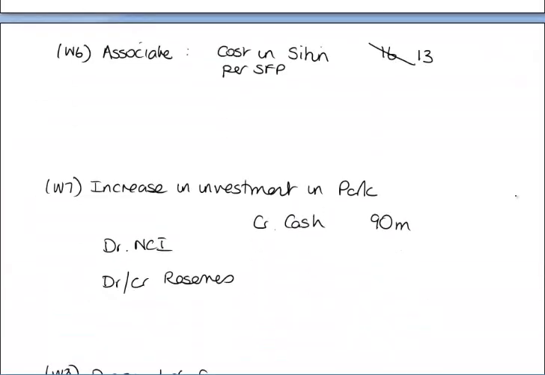We've got the increase in the investment in Park. We've credited cash 90. We've just debited the NCI with 86.2. So the balancing figure goes to reserves, and that's going to be a debit.